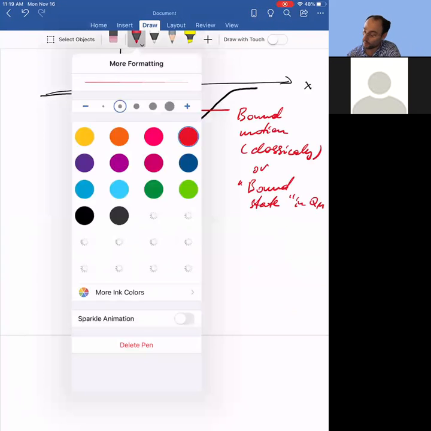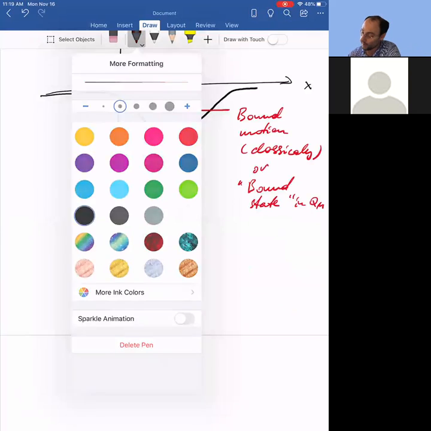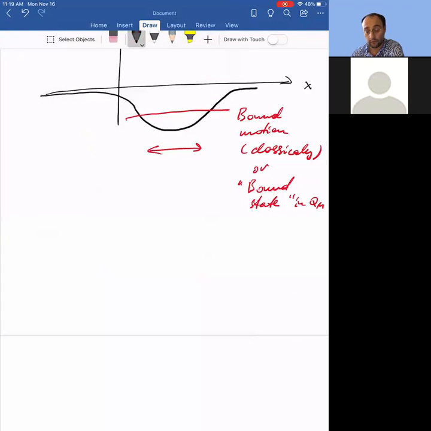So for example, you can have something that I just drew, or you can have a harmonic oscillator, for example, or you can have an electron interacting with a proton, right? So this is like a basic hydrogen atom.